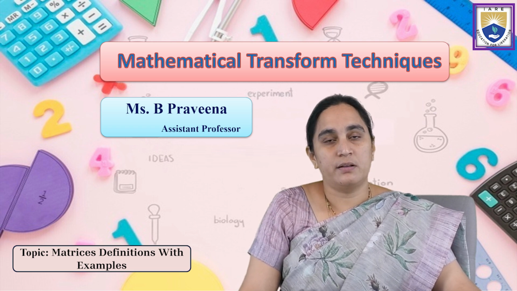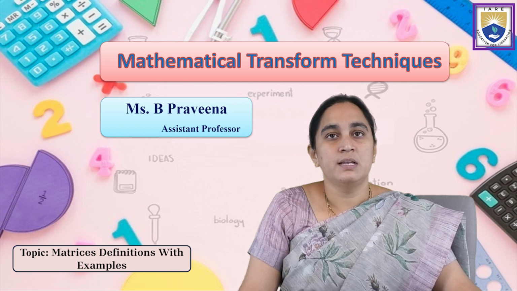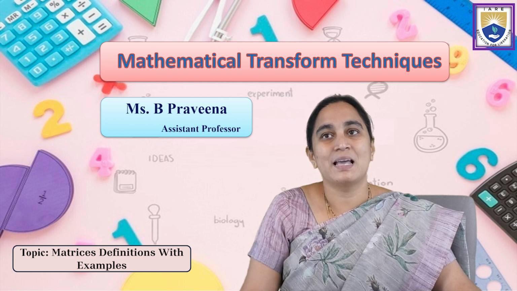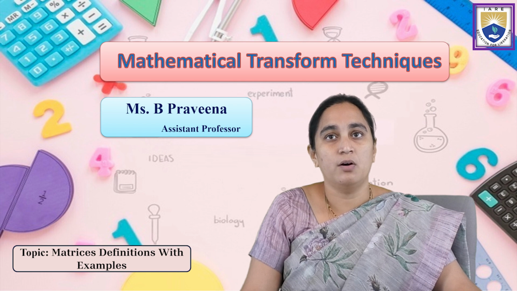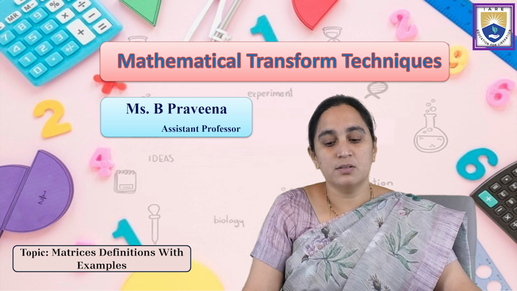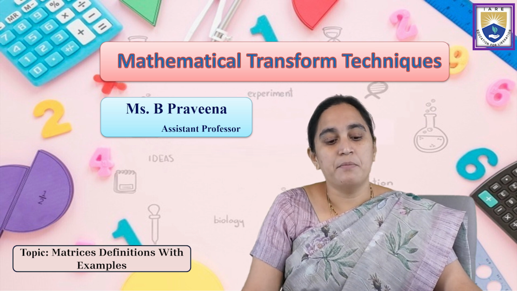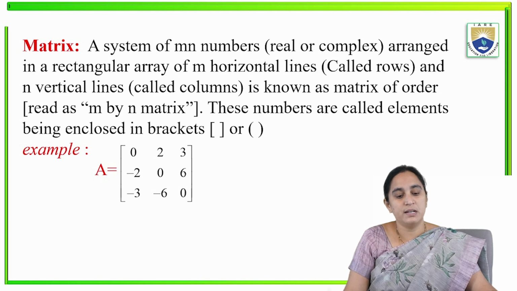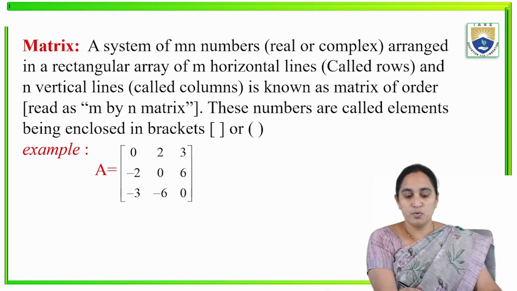What is a matrix? A system of mn numbers arranged in a rectangular array of m horizontal lines and n vertical lines is known as a matrix of order m by n. Once again, I'll repeat. A system of mn numbers arranged in a rectangular array of m horizontal lines called rows.